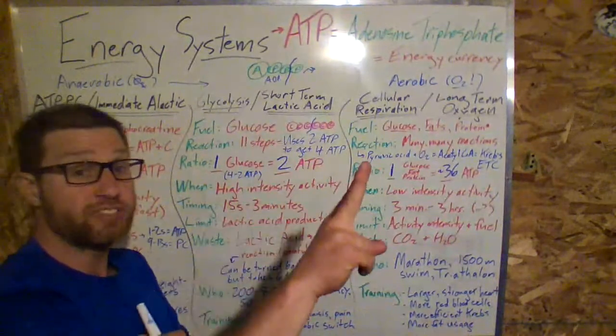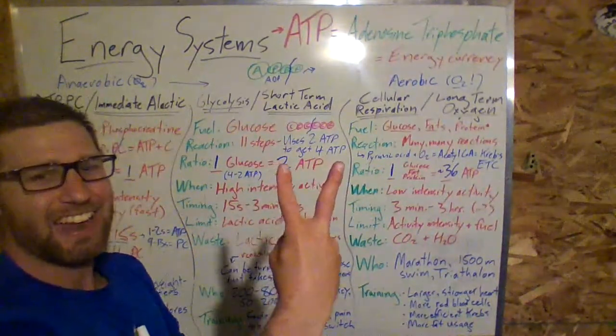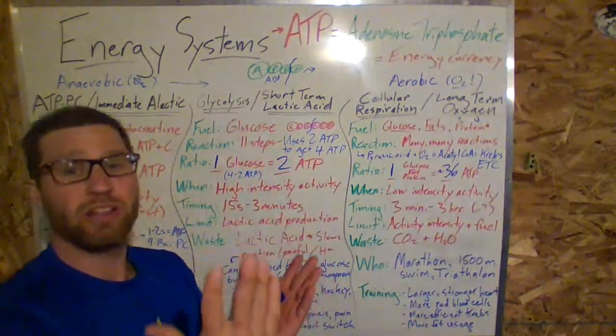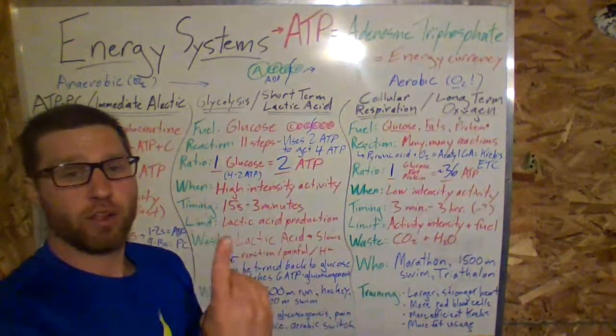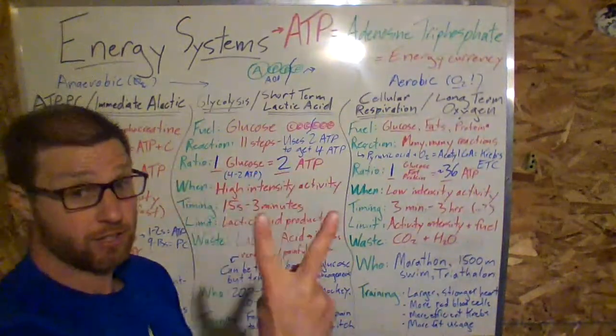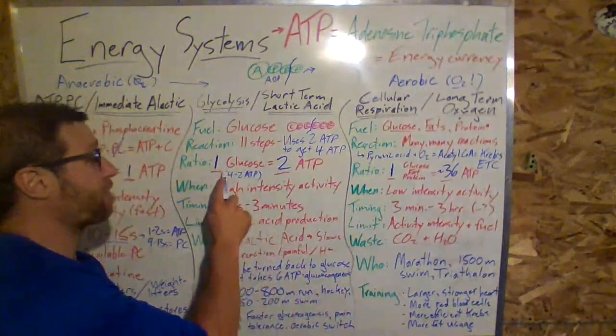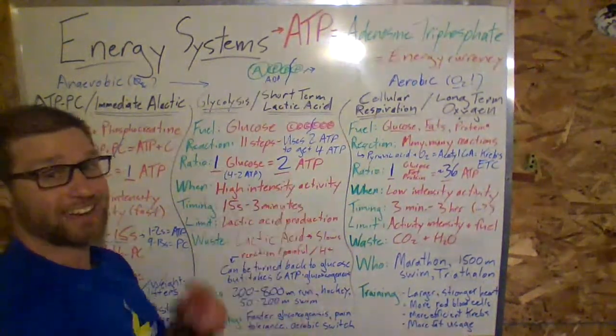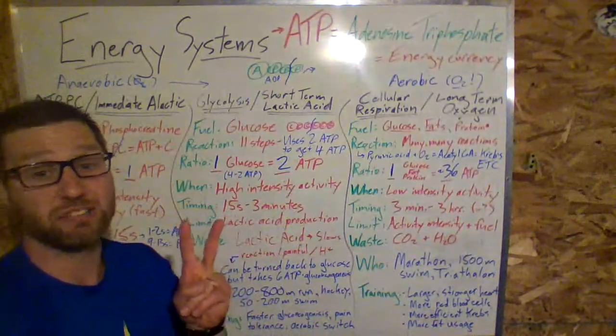Okay, so you'll use 2 and then you gain 4. So what is your net total ATP out of 1 molecule of glucose? Well, 4 minus 2 equals 2. Good job. So for every molecule of glucose, you get 2 ATP out of this system.